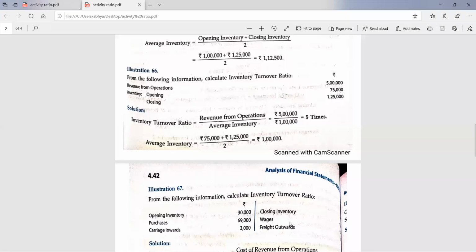Find out. Yes, students. Opening inventory 30,000. I am waiting for your answer. Purchases 69, carriage 3,000.